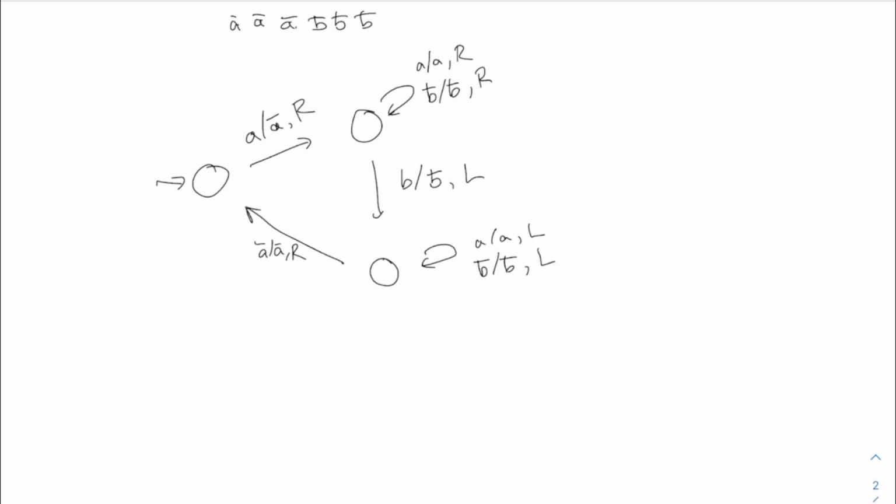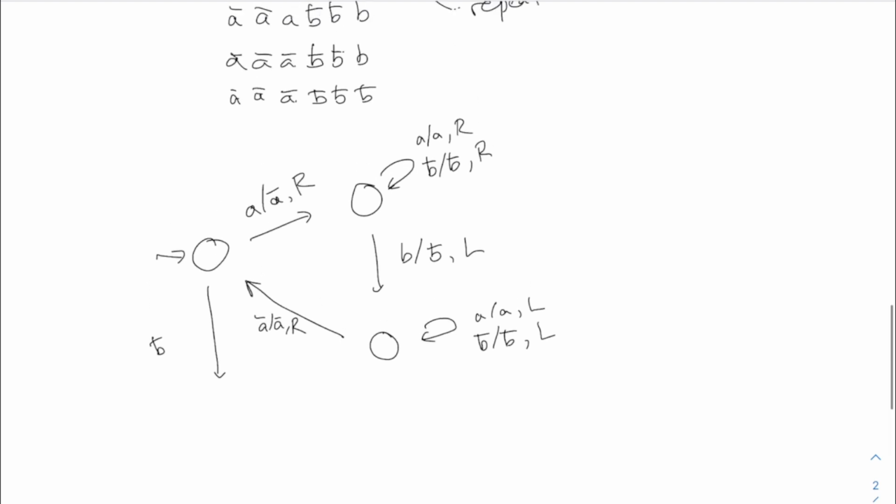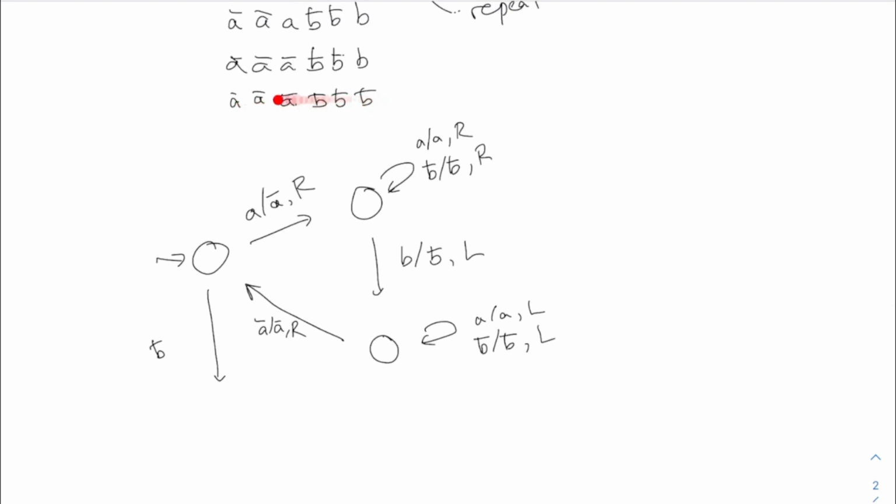But could you have an arrow from the first state saying that if it points to B bar, it accepts? Yeah, so this is sort of the trigger for being accepted in this machine: if you get back to the first state and see a B bar. That's because if you're actually all done here, in the last step you will have marked this B right here.